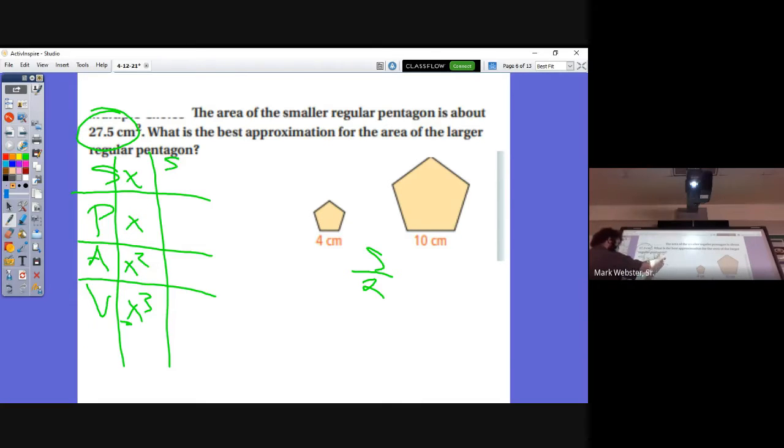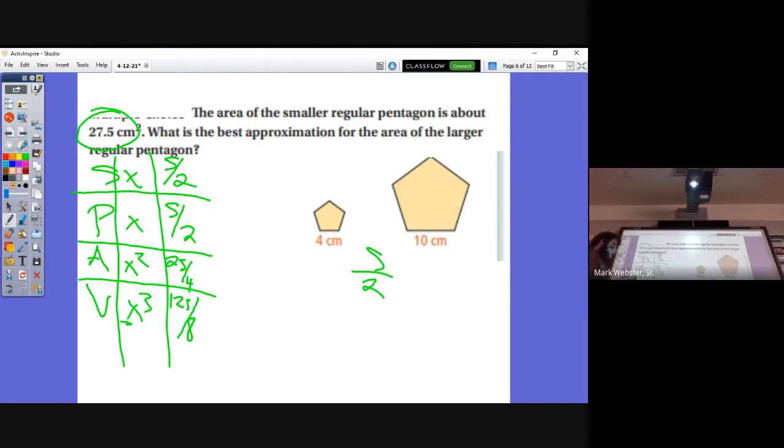So the scaling factor was 5 over 2, and then we just fill it out just like we did before. The perimeter is the same. Area, we just square it. Volume, we cube it.